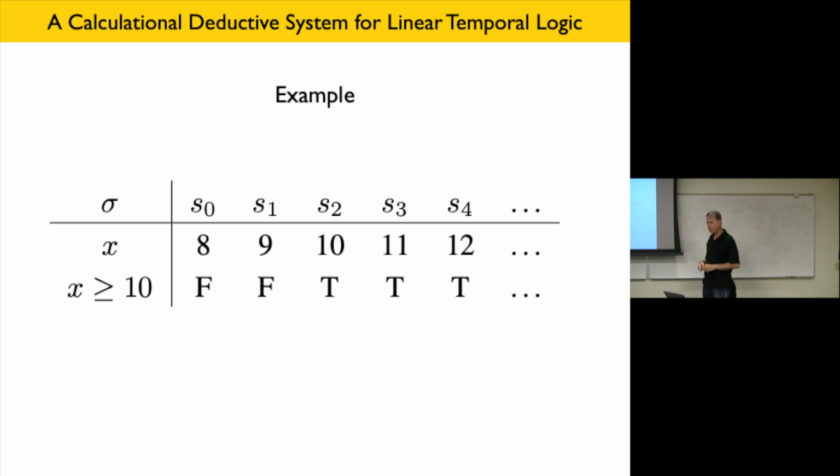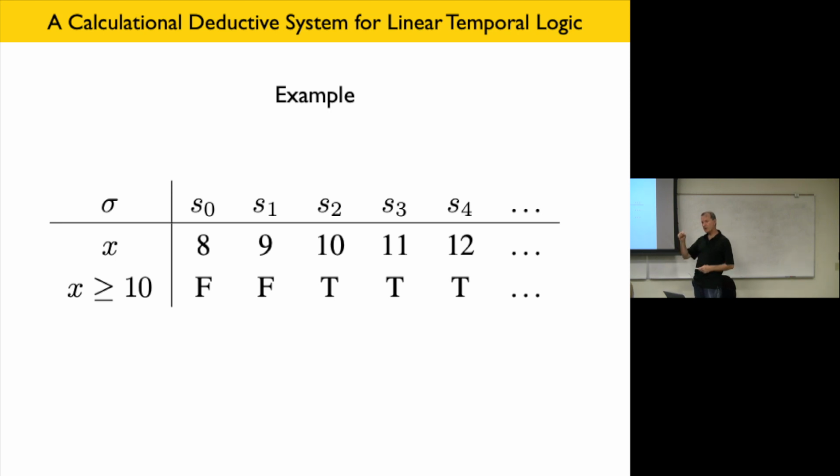So here is an example of a state, or of a model. Sigma, for example, you might have a program in which x is a variable, and maybe x starts off at 8, and then it goes to 9, 10, 11, and 12.